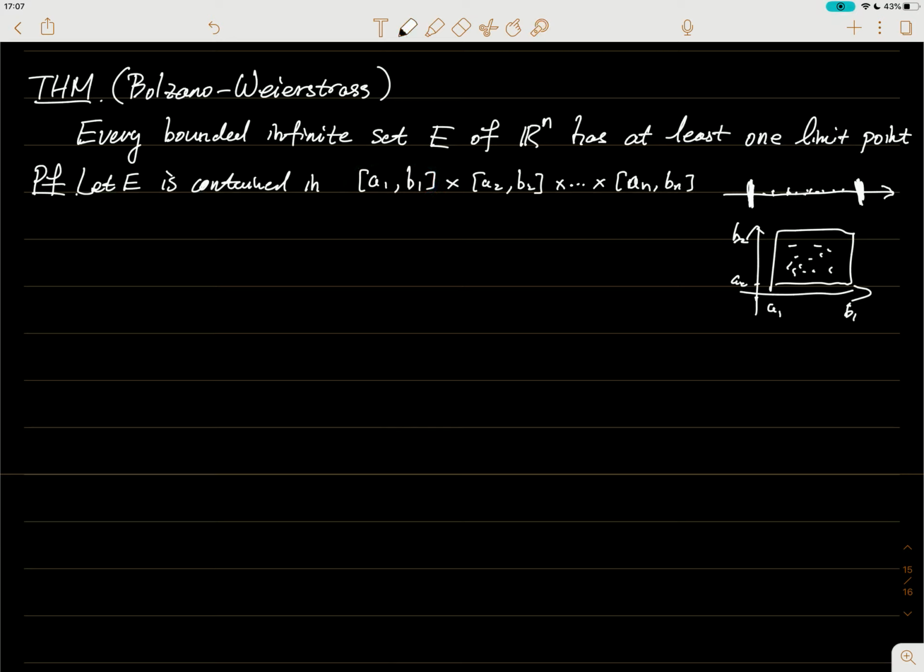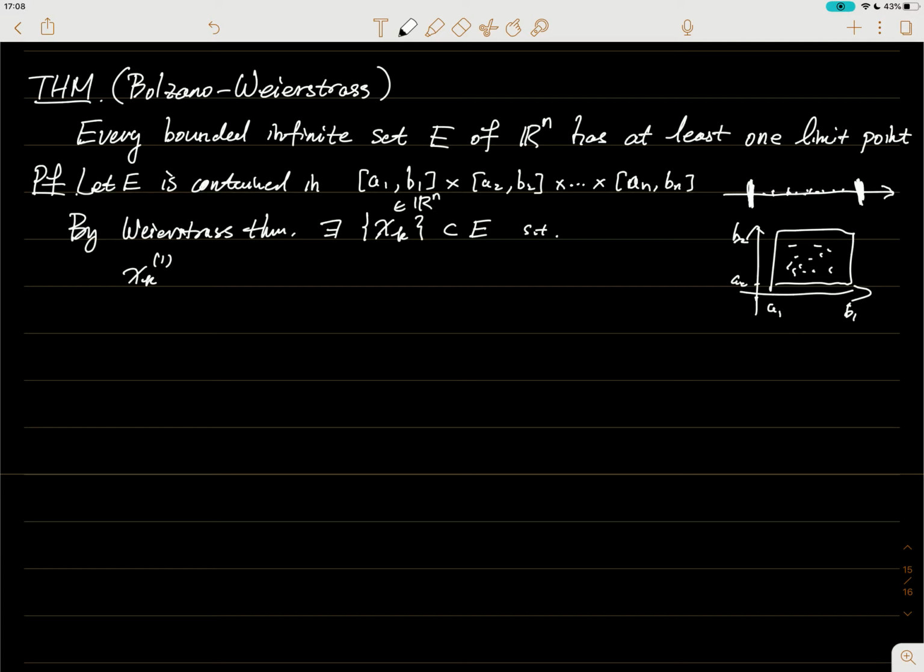Okay, so that means by the Weierstrass theorem, there exists a sequence I call x_k that belongs to E, such that when I look at the first component, I'm going to denote it by x_{k1}. So x_k is still a point in Rn, so it has n components.